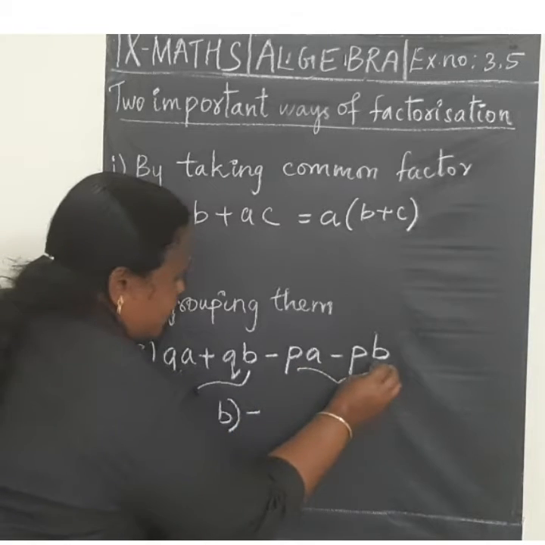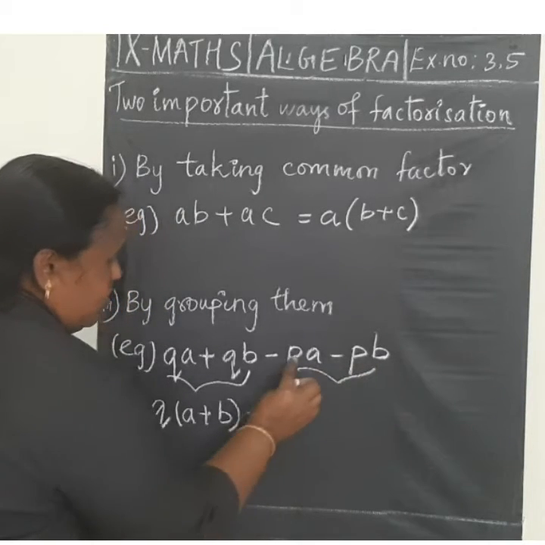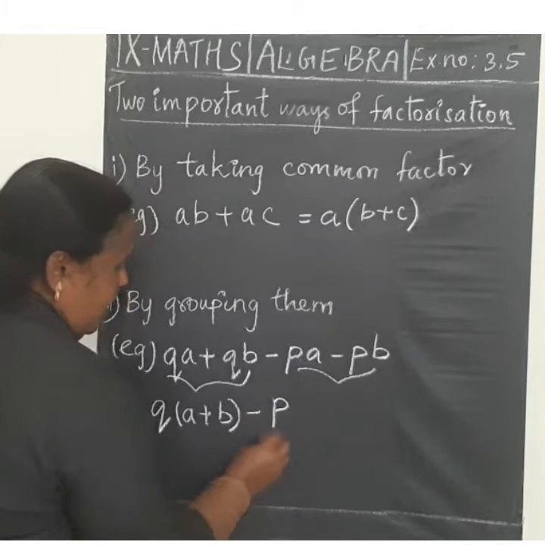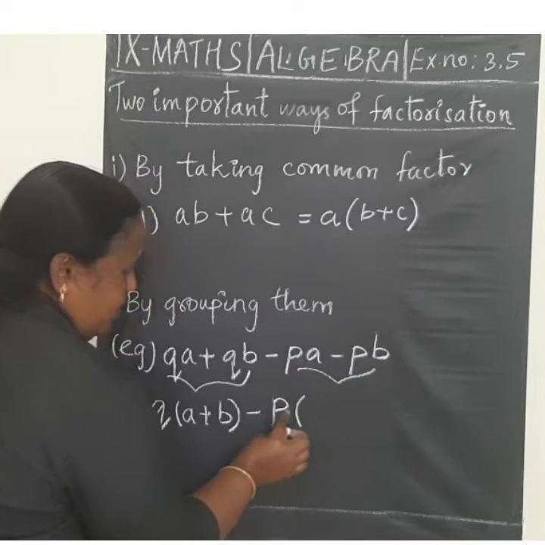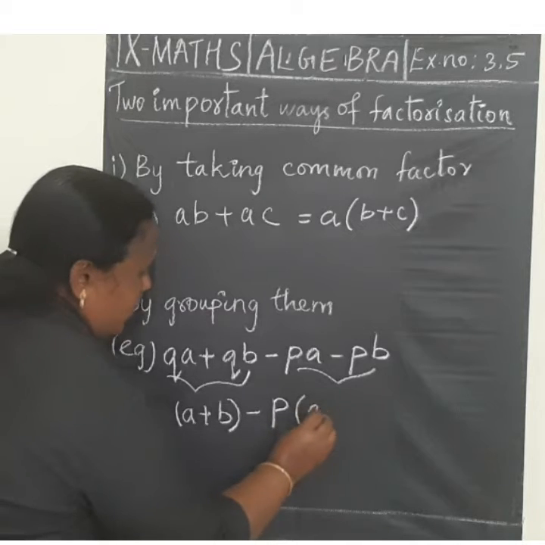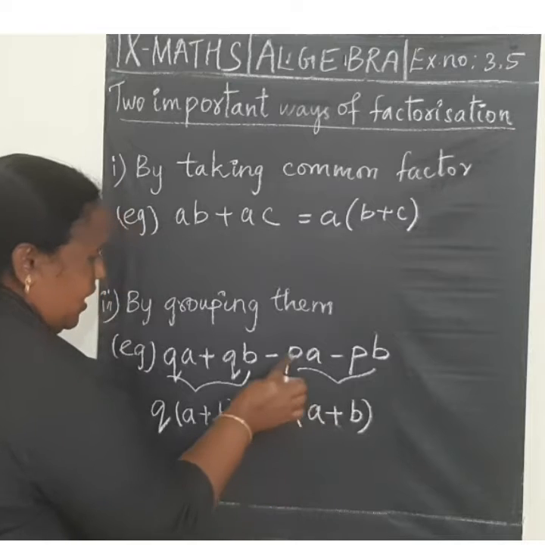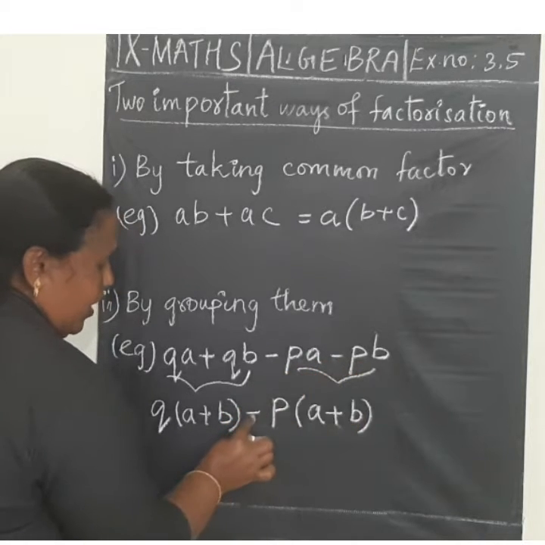Now we group the other two, PA minus PB. In this, P is common, so we take P outside. So A plus B inside. Why are we putting a plus sign? Because here there is a minus sign.